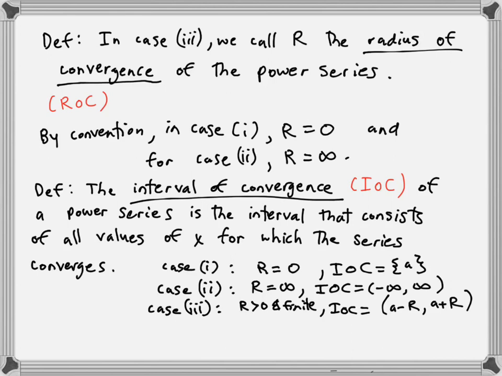In other words, it diverges at the edges, or it converges at the left edge and diverges on the right edge, or it diverges at the left and converges on the right, or it converges on both edges.